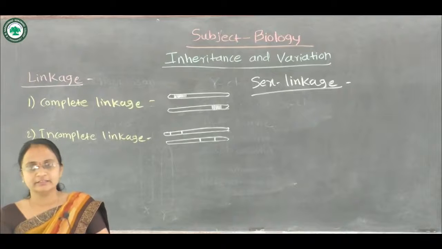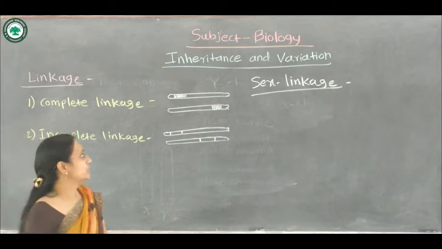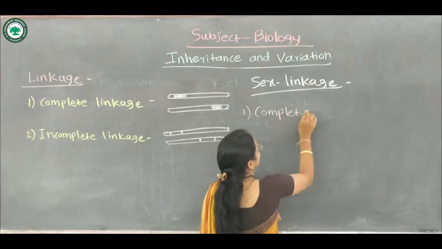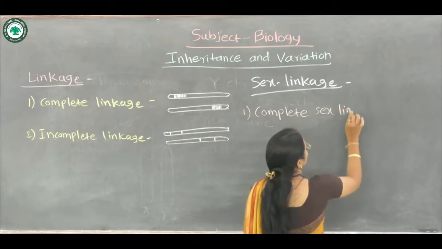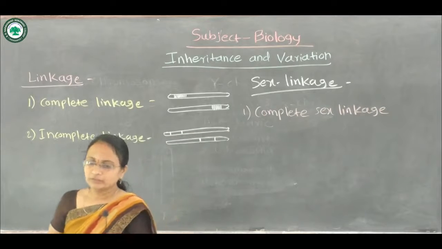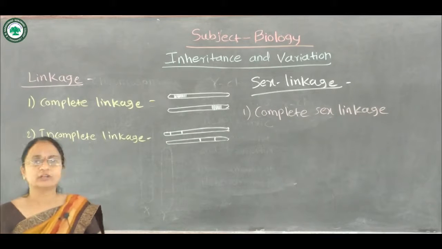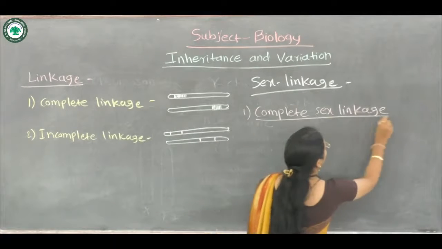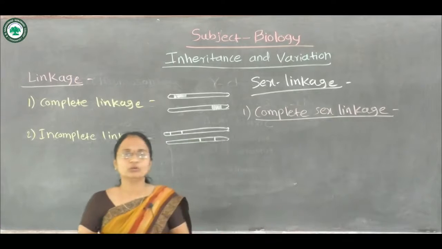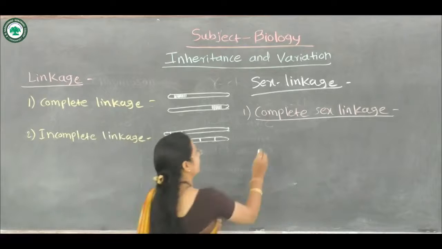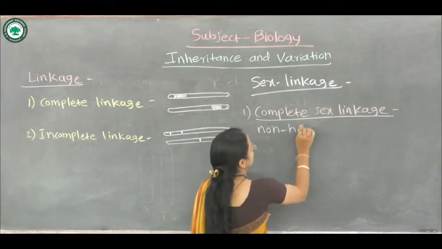transmit the hereditary. Again it is divided into two types, that is the complete sex linkage. In this type of complete sex linkage, the genes which are located on the chromosomes have two regions, homologous and non-homologous, and in this type the genes are located on the non-homologous region.